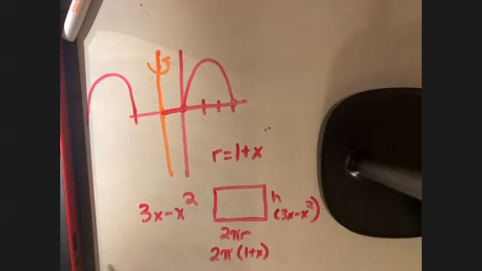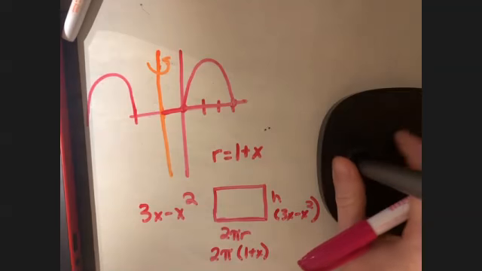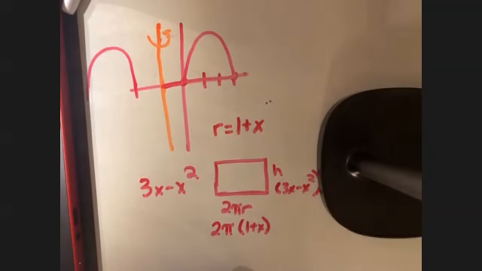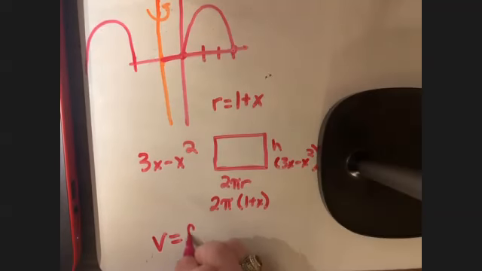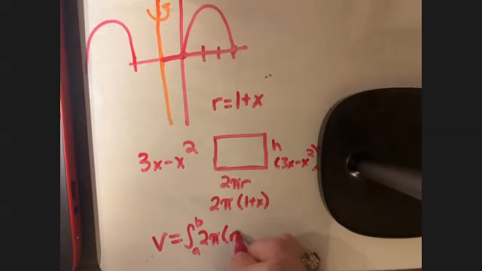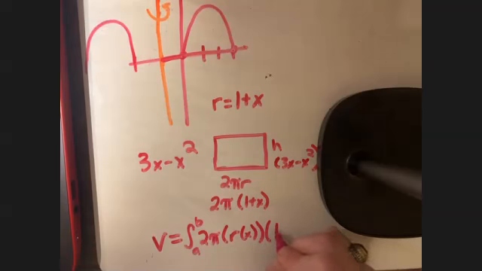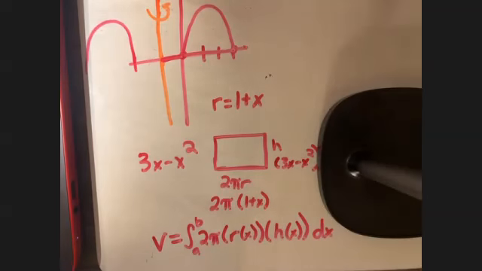And then basically what we're going to do here to find the volume is the integral from a to b of 2 pi, your radius, so r of x, and then your height function h of x, dx.